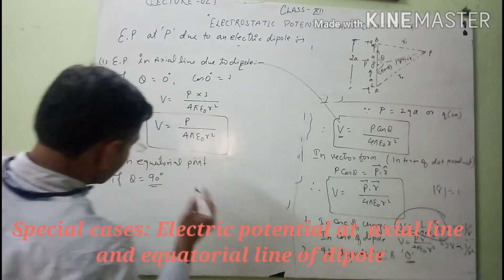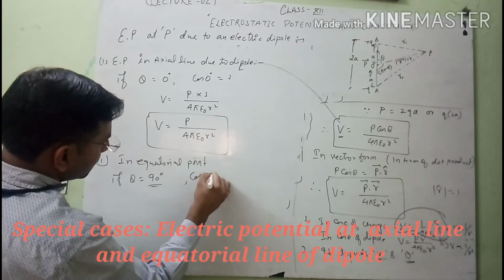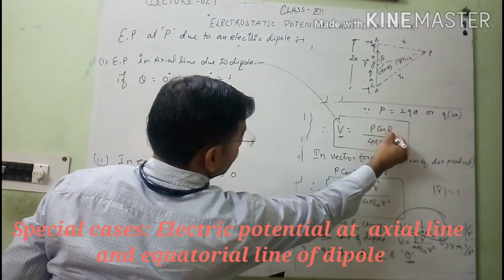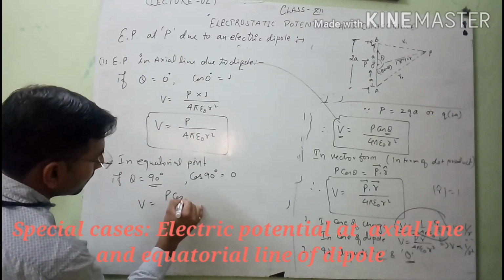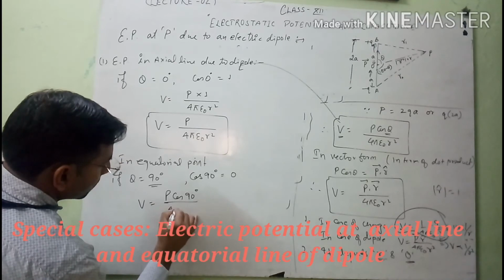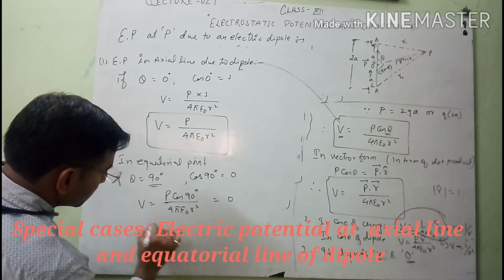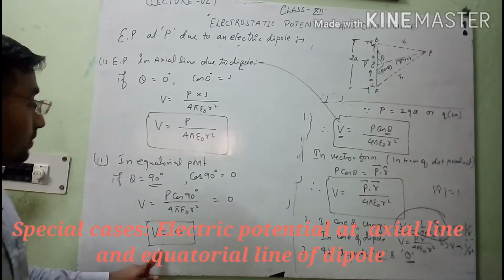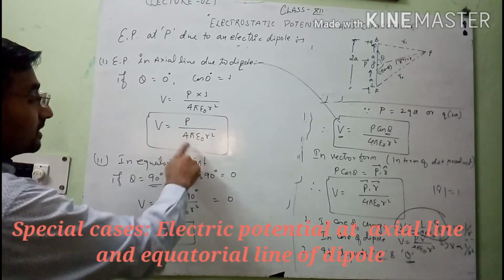So in this case, if theta is equal to 90 degree, then you know that cos 90 is equal to 0. So when we substitute the value of cos 90 here, you get P cos 90 over 4 pi epsilon naught of r square. It means 0. So electrostatic potential at an equatorial point is 0, and electrostatic potential on the axial line is this.